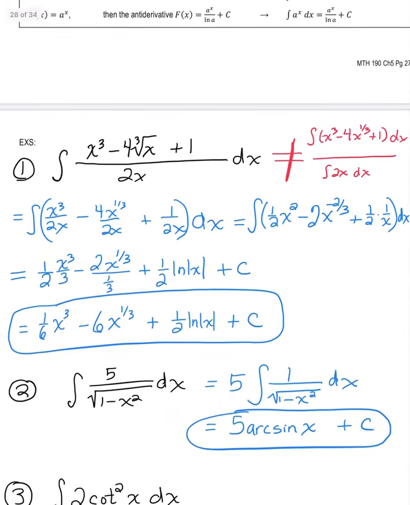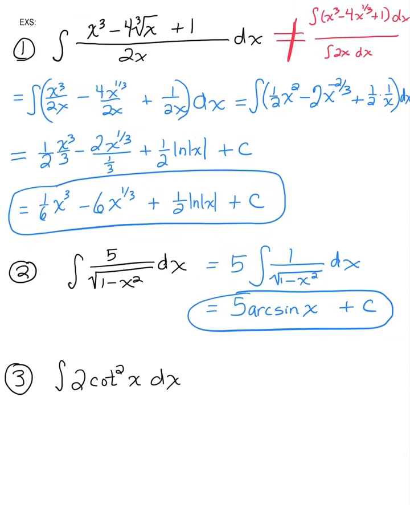Now, in particular, the form of the Pythagorean identity we want to use is that 1 plus cotangent squared is equal to cosecant squared.